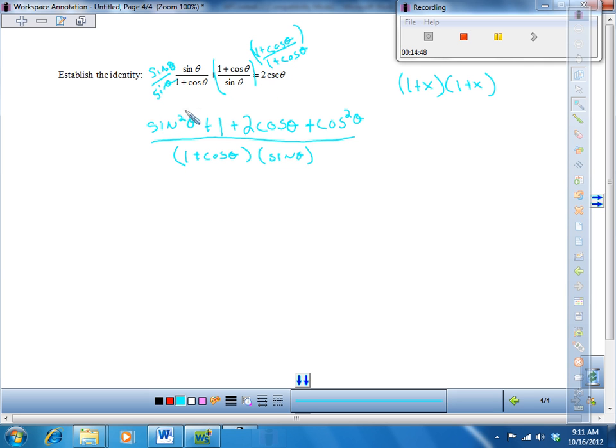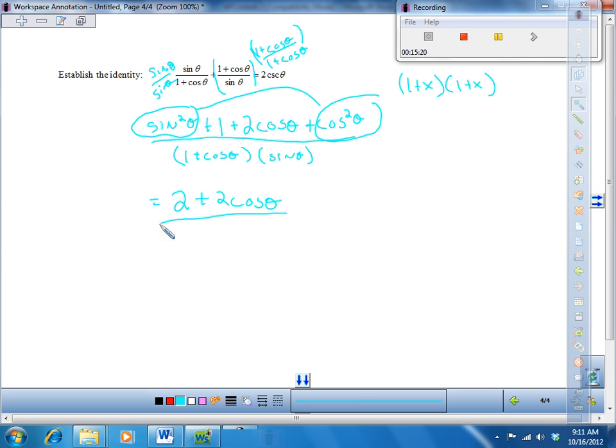So now I have an identity that tells me what sine squared theta plus cosine squared theta is equal to. What's this and this when I add them together? 1. So now what I have is 1 plus 1 plus 2 cosine theta on the top. So in other words, on the top, I have 2 plus 2 cosine theta.